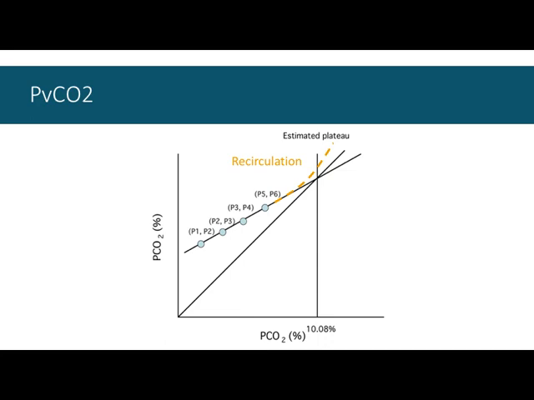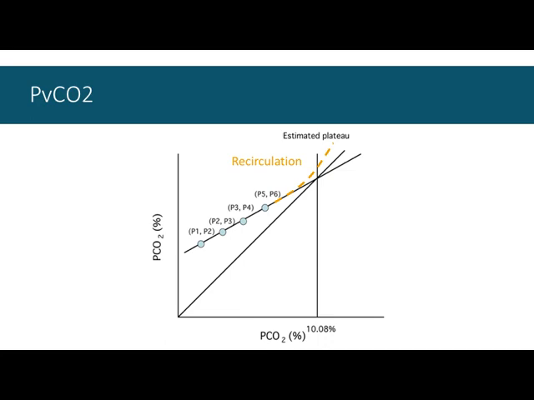So 10.08% on the x-axis is 10.08% on the y-axis. P21 and P22 have the same percent CO2 when they cross the line of identity, by definition. Between two subsequent points, there is no difference in CO2, which is the definition of reaching equilibrium.